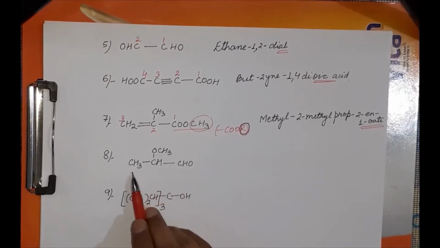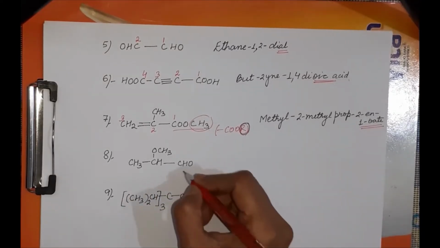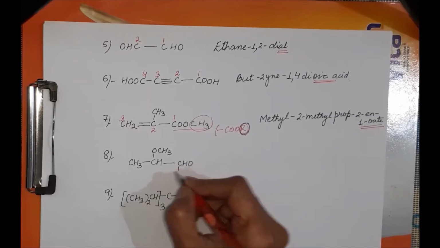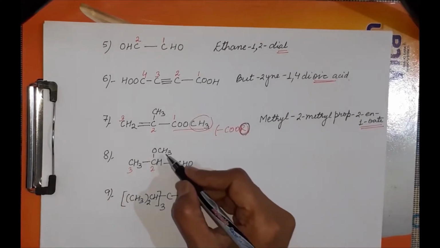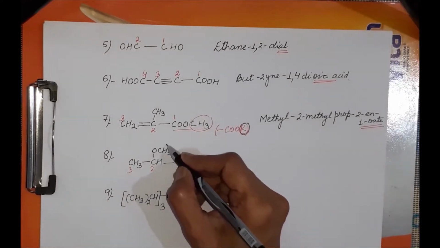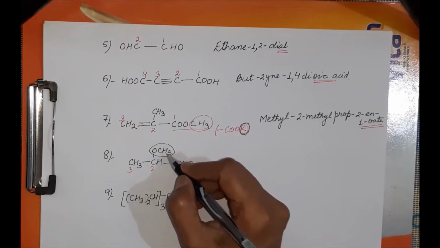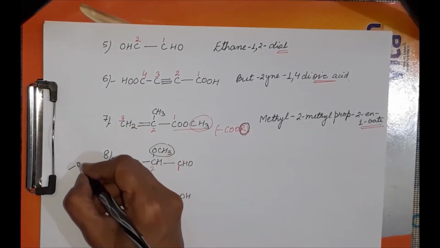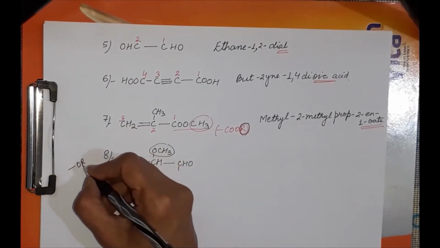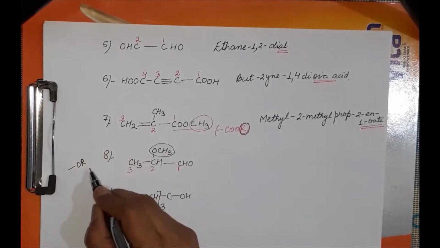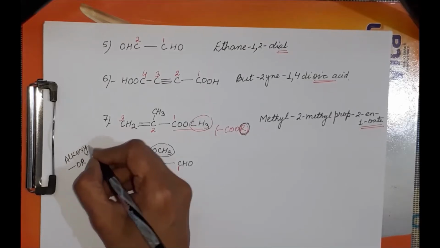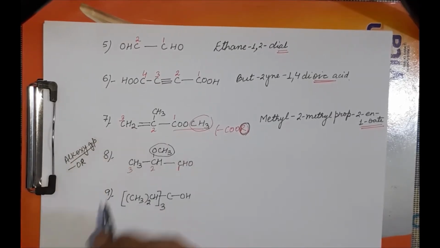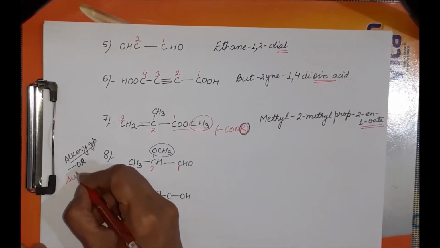Then this next compound. Here we can see, first let's do the numbering, 1, 2, 3. Earlier also I have explained, wherever this OCH3 group is present, this is called OR, meaning OCH3, and it is called the alkoxy group. Whenever this group is present, it is considered as a substituent.